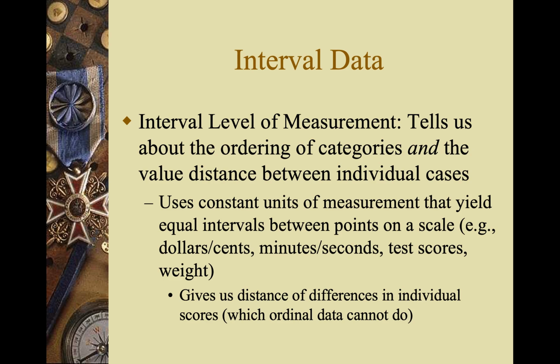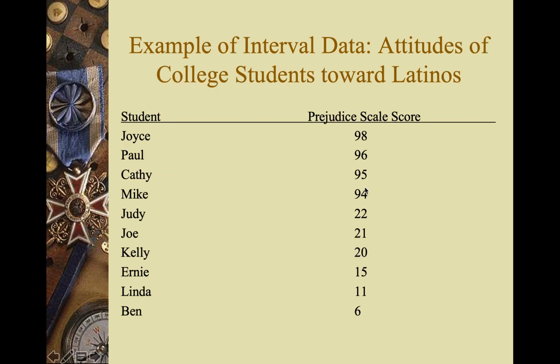Interval data tells us about the ordering of categories and the value or distance between them. So it uses consistent levels of measurement. Maybe these students had taken a test that measured their level of prejudice towards Latinos, and these were the particular scale scores they got.